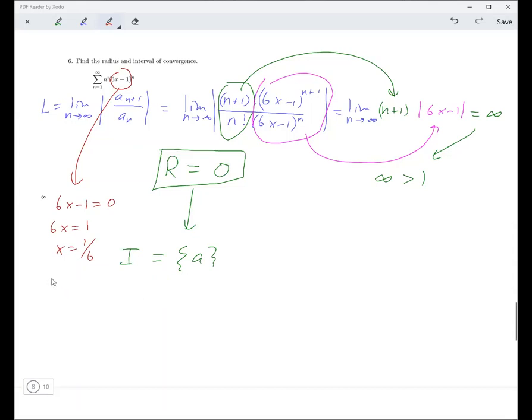Okay, so a is 1/6. Now it does converge there because when you set x equal to 1/6, this is 0.